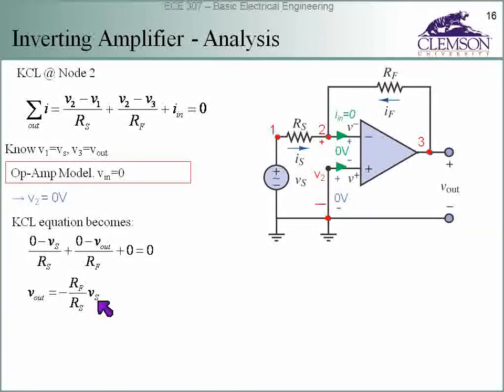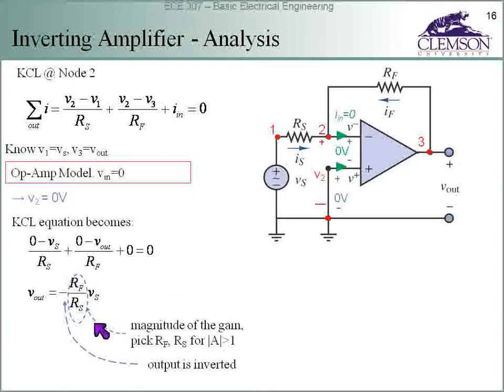We could divide by Vs and talk about gain, but we were looking for an input-output relationship, and you see that the output is a function of that resistor ratio, RF to RS, and it has a minus sign. That's why it's called inverting. The output is the negative of the input. That's why it's called an inverting amplifier. And here's the magnitude of the gain. You can pick RF and RS to create amplification. If RF is twice as big as RS, then the gain is going to be 2.